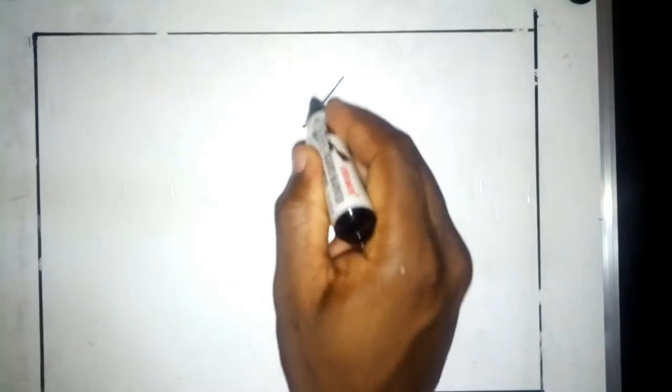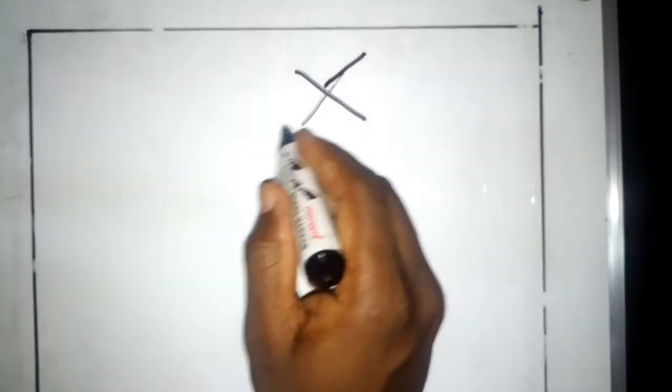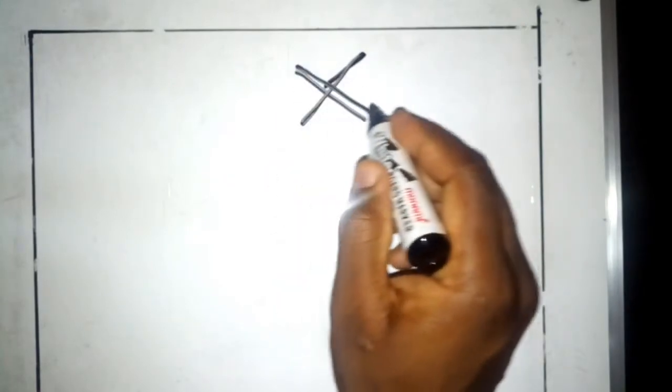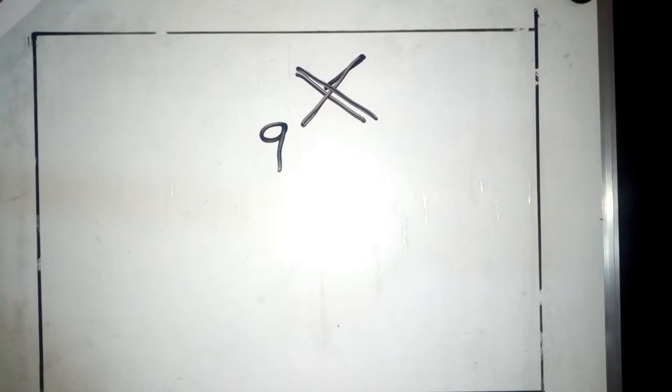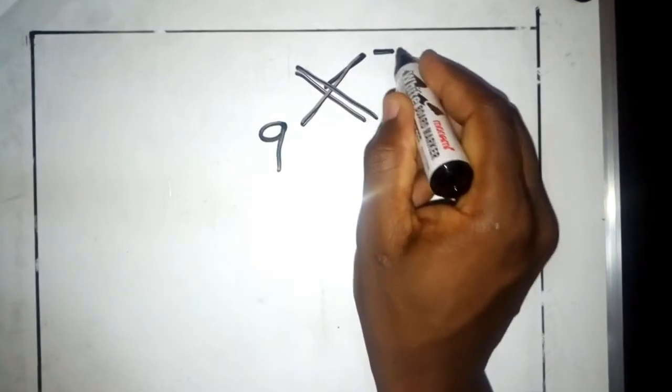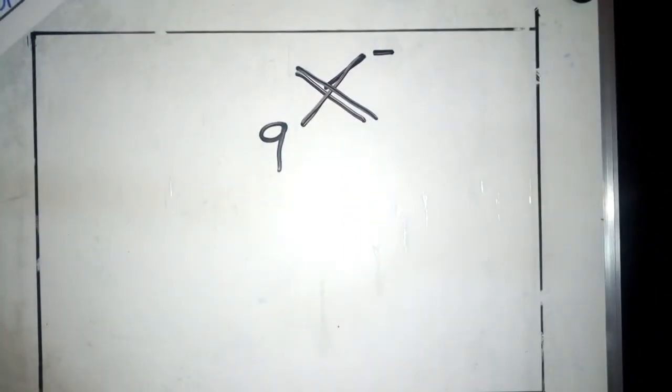In that case, let's say the element is X. It has 9 protons, and that is the atomic number. It has 10 neutrons.